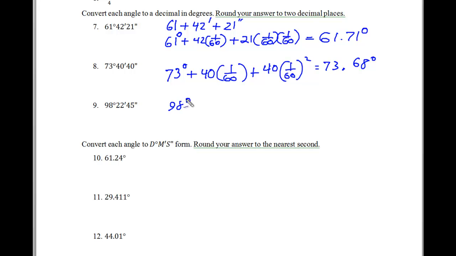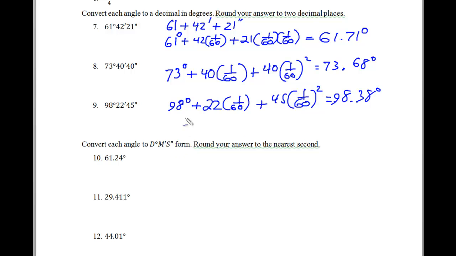Finally here, we can again hit second enter to bring all this back up here. We're going to have 98 degrees, 22 minutes, 60 minutes in a degree, and then we have 45 seconds. Type all this in, get an approximation of 98.38 degrees.